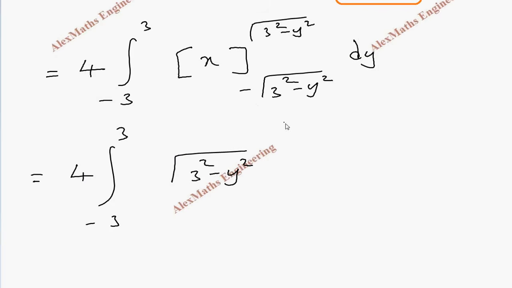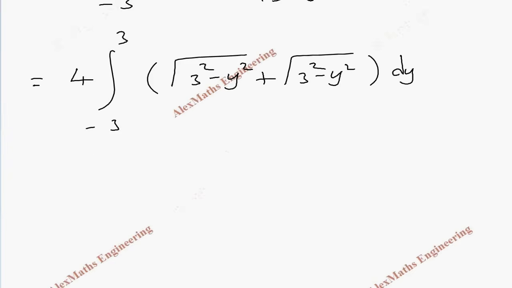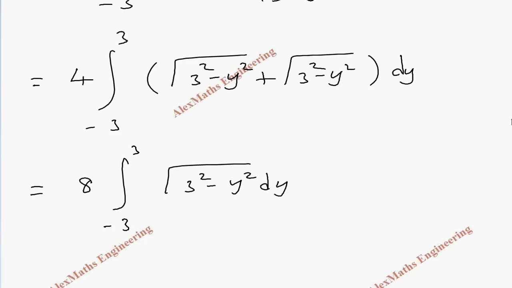When I put the lower limit, minus of minus, it becomes plus root of 3 square minus y square, into dy. Now this becomes 2 times, and the 2 can be taken out. So 4 2s are 8, times the integral from minus 3 to 3 of root of 3 square minus y square dy.